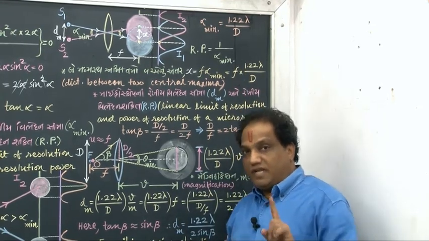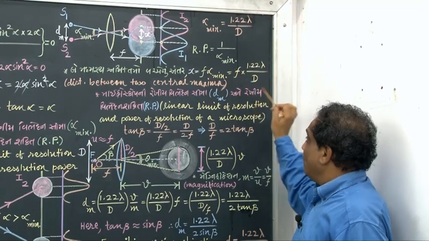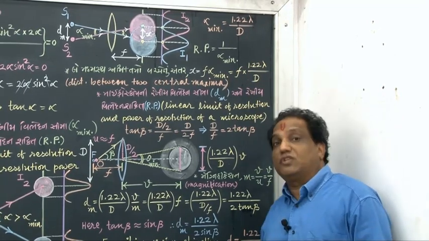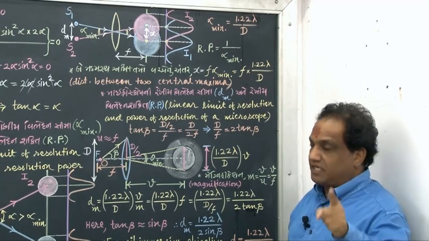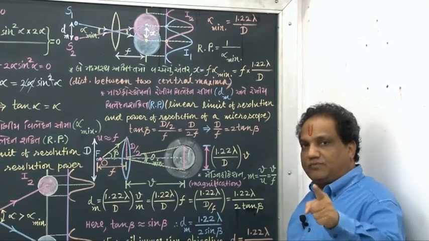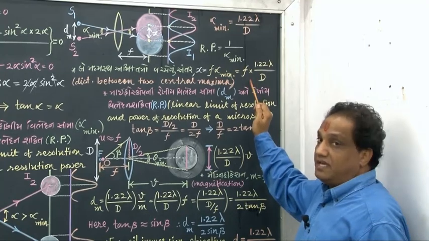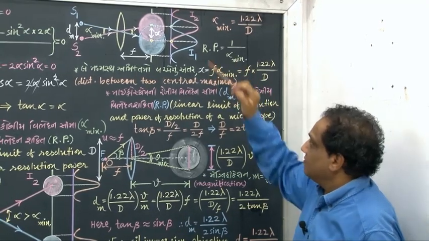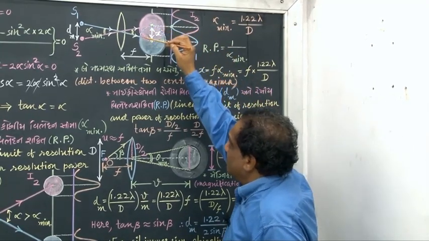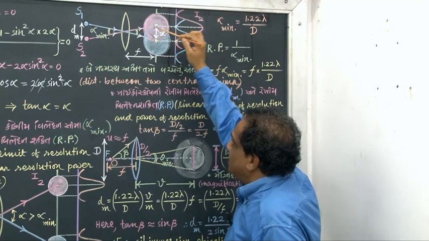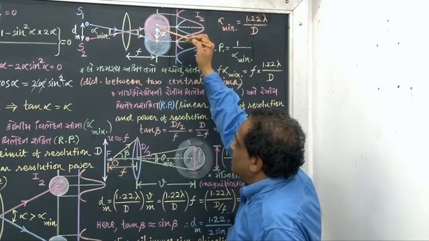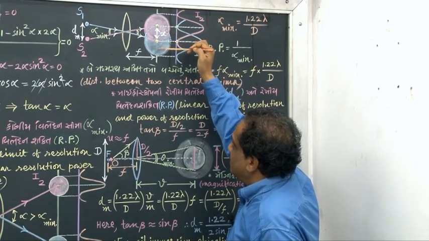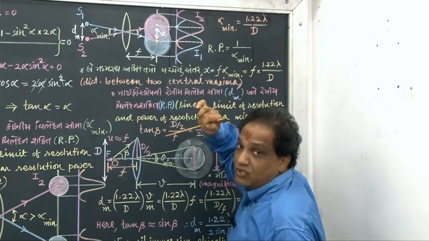Now in the textbook they have written this as the width of central maximum. It is very wrong. The width of central maximum is not this much. The width of central maximum is double this. Look, this is the central maximum of the diffraction pattern of the first object, and its width means the distance from here to here, and that would be x plus x, that is 2x.